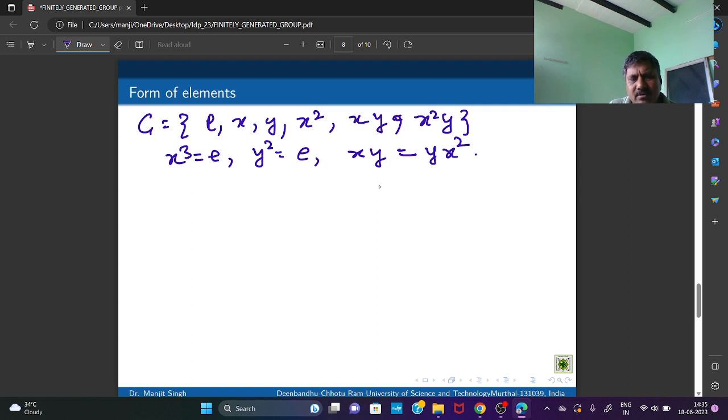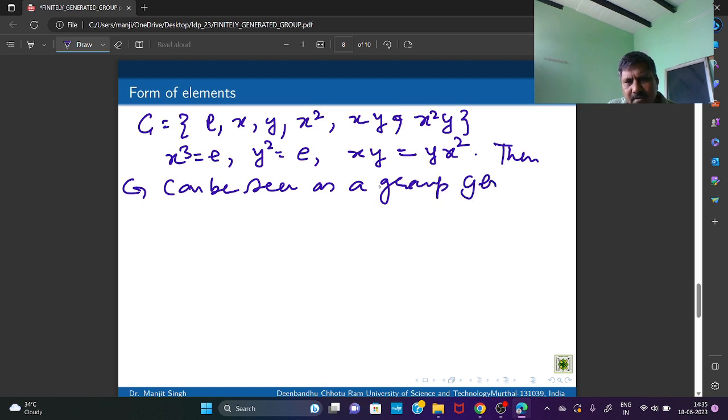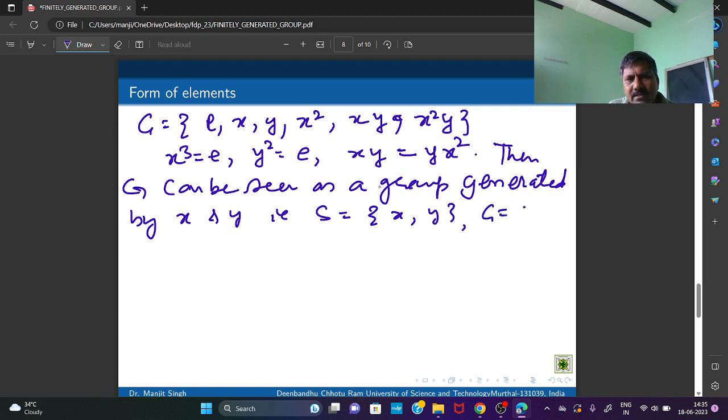Then with this operation, we can make a composition table. Then G can be seen as a group generated by x and y. That is, we can take a set S that contains two elements, and so G is generated by S. Or sometimes we write G is generated by x, y.